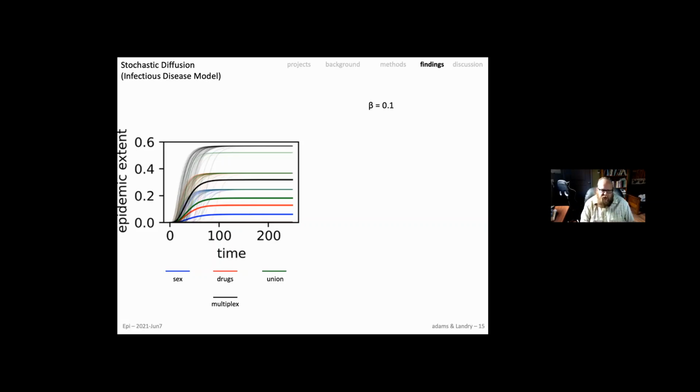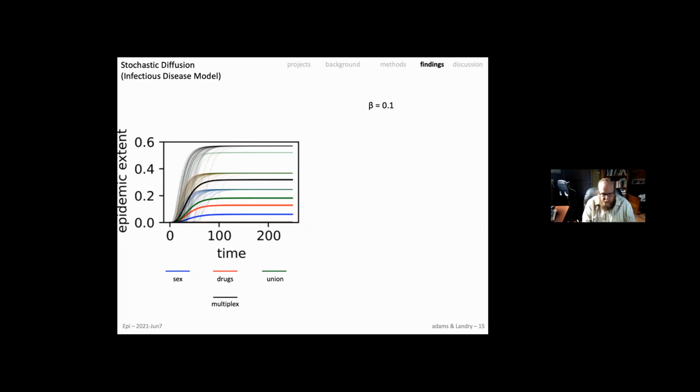But once we put the union of those together, this green line is that union. This is basically saying that about 19% of the population is becoming infected via either the sex network or the drug network if we put those two together.